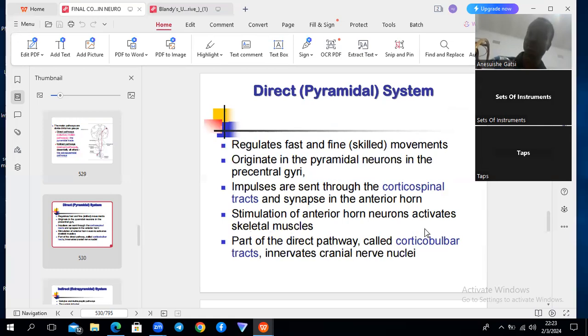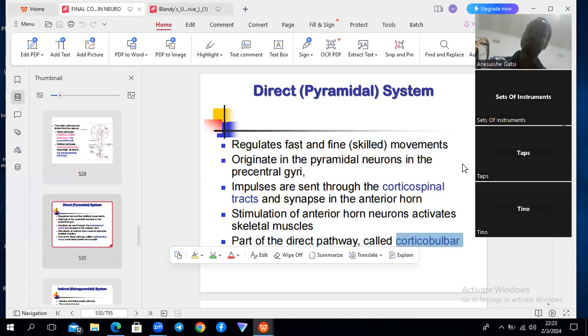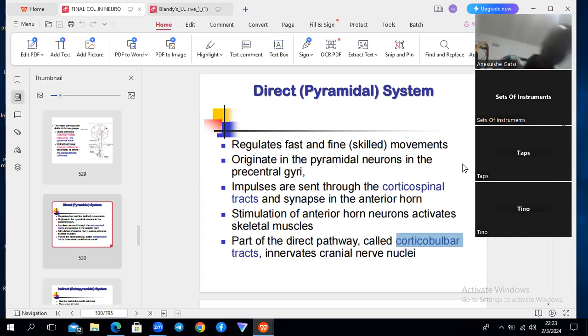And there's something called corticobulbar. Corticobulbar can also be referred to as corticonuclear. This is the part of this pathway that influences the cranial nerves. Remember, we have 12 cranial nerves. If you want to be fancy, there are 13. For the purpose of neuroanatomy, we have 13 cranial nerves.